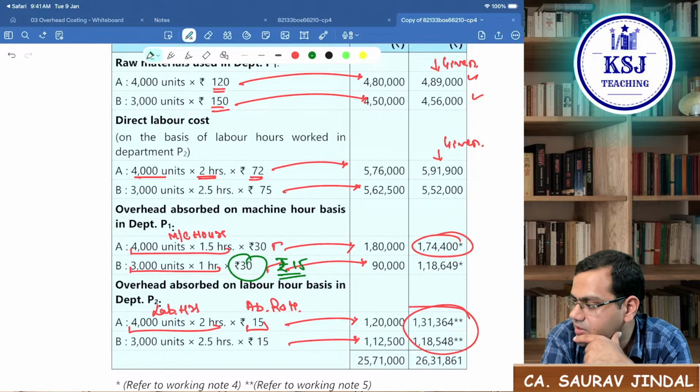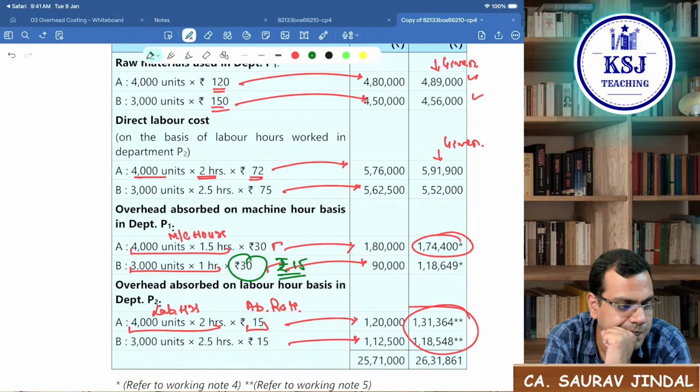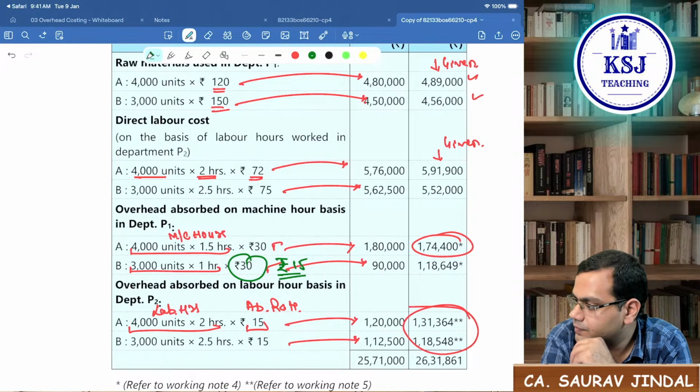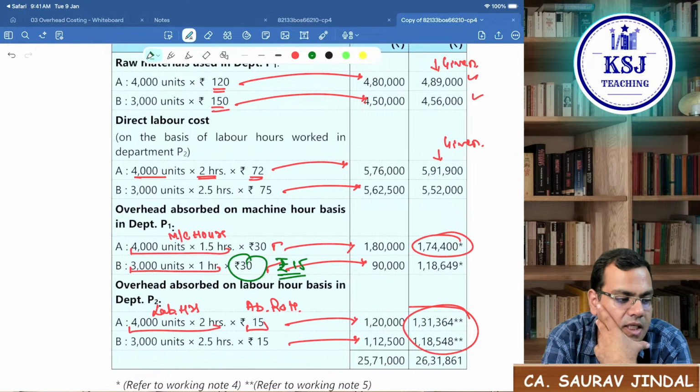For the direct text, you want revision or you have to do it for the very first time? Revision, for revision. Okay. No recommendation as such.